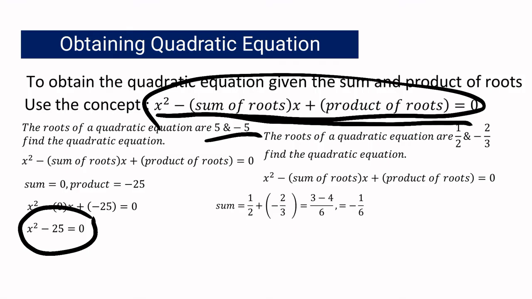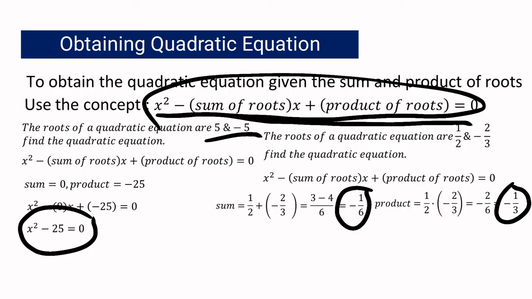So we will be having 3 minus 4 all over 6, wherein the result is negative 1 over 6. And if we are going to get the product, multiply numerator to numerator, denominator to denominator. So we have negative 2 over 6, which can be simplified into negative 1 over 3. So we have here the sum, and then this is our product.